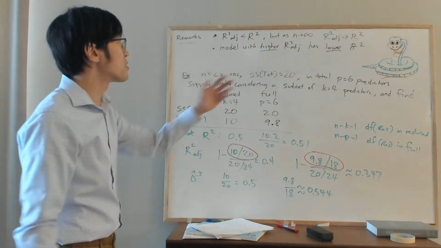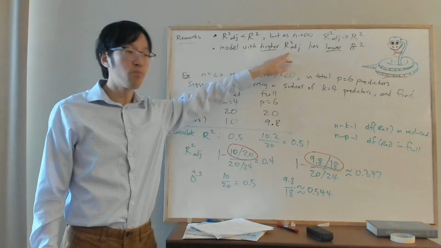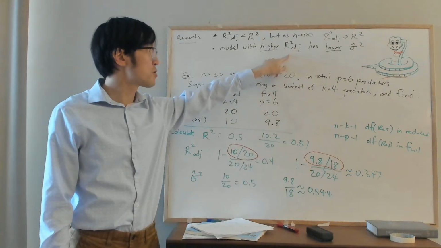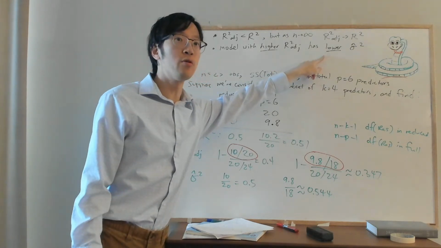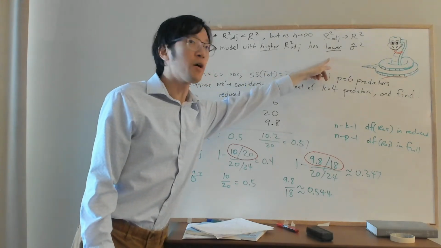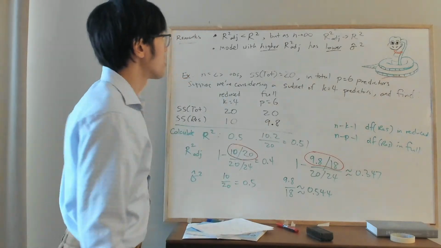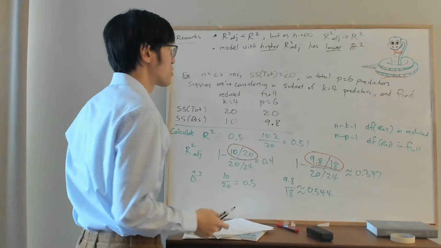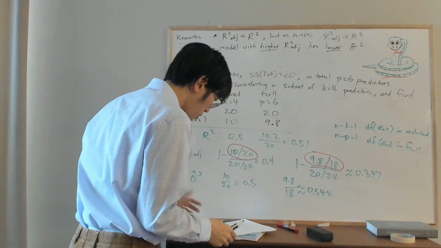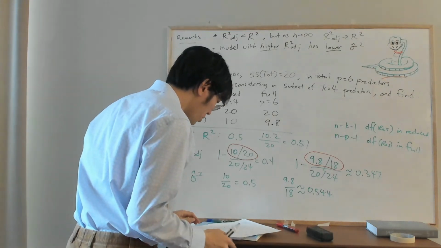And so therefore we see that this metric, R squared adjusted, is actually very much tied to the ability of the model to produce precise prediction intervals. So higher R squared adjusted will give us tighter prediction intervals when we use the model to predict on new data.